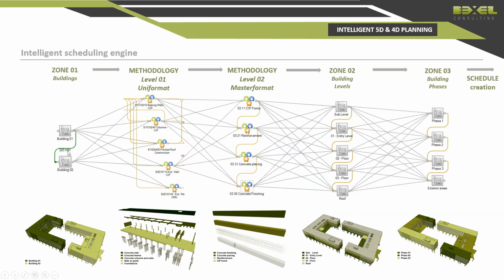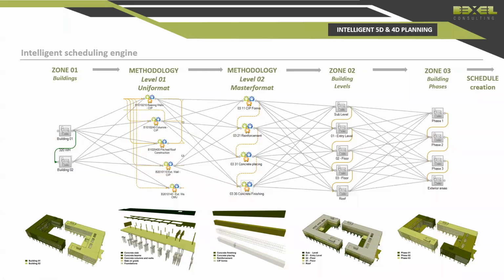We had only 1 building, but we had 16 levels, 15 superstructure stories and 1 underground. And we had 10 zones. So at the end, the system created more than 15,000 tasks in the schedule.